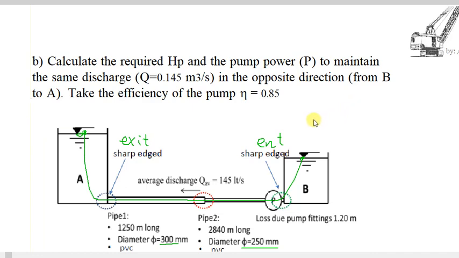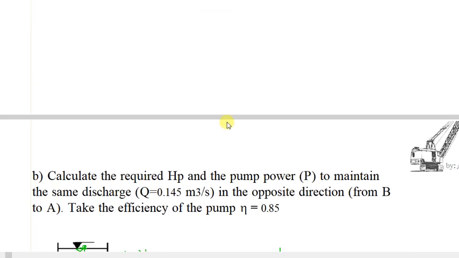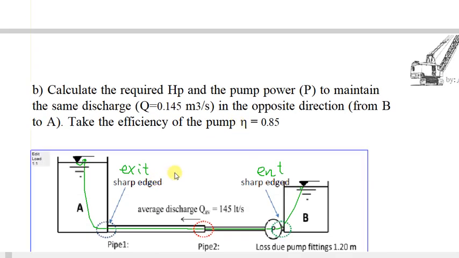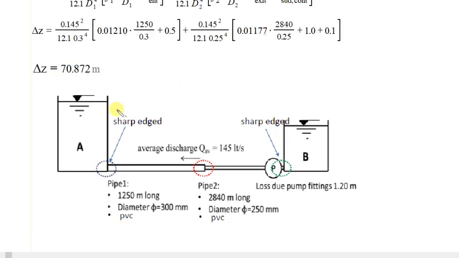Normally, in the normal case, this flow cannot flow from B to A because of the difference we found. The difference is 70. It means if you take a line from here and there, this distance is the delta Z already.